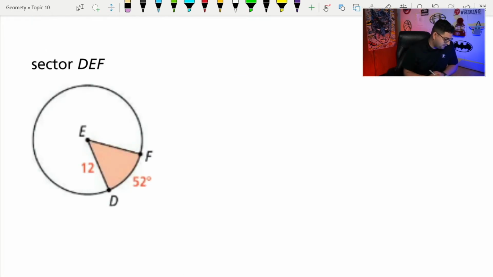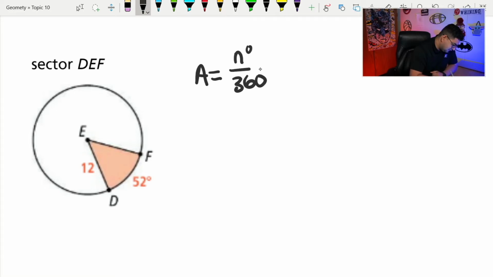For the first problem, it wants us to find the area of sector DEF. First, I'm going to write down the formula for the area, which is n degrees over 360 times pi r squared. Remember that we have the two pieces of information here. We know that n is 52 degrees, and we know that r is 12.